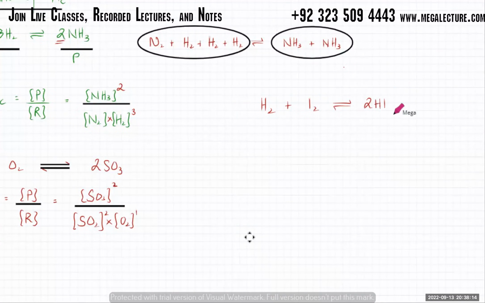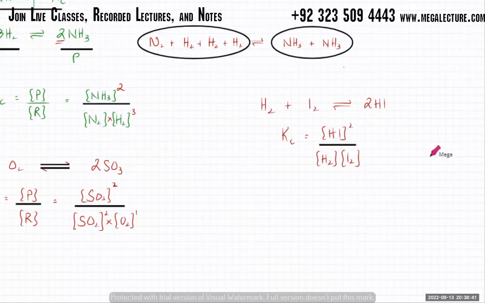So what will be the Kc expression for this? It's going to be HI concentration squared, and it's going to be divided by what? It's going to be divided by H2 concentration and I2 concentration. Okay, that's the expression.